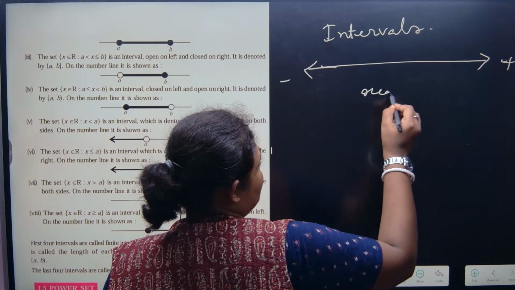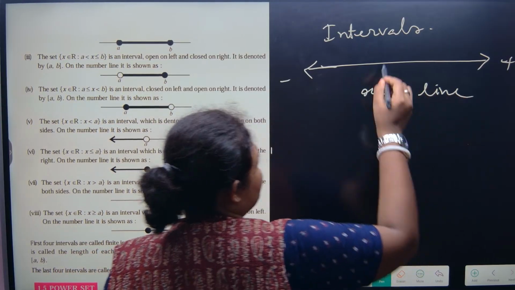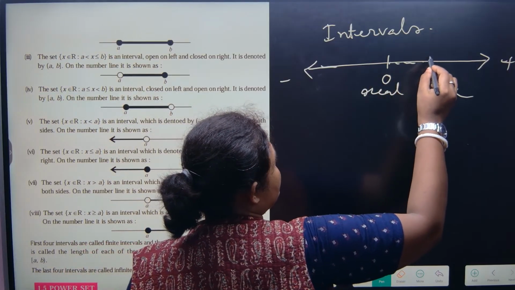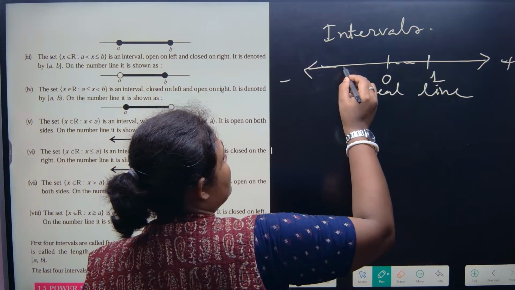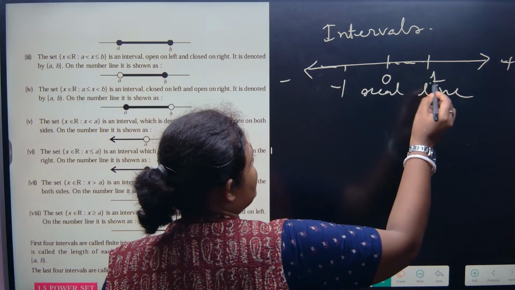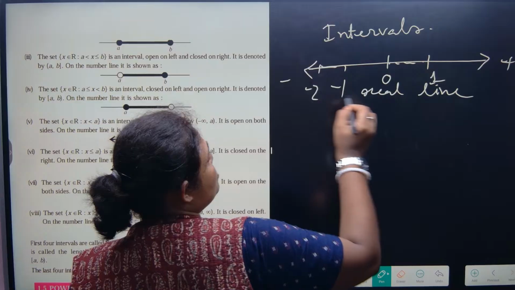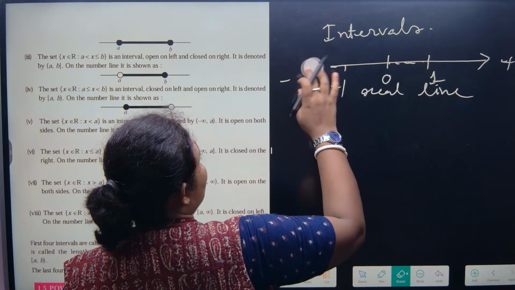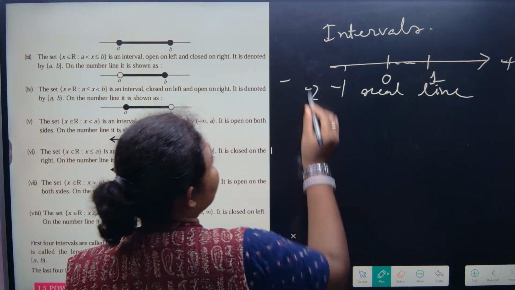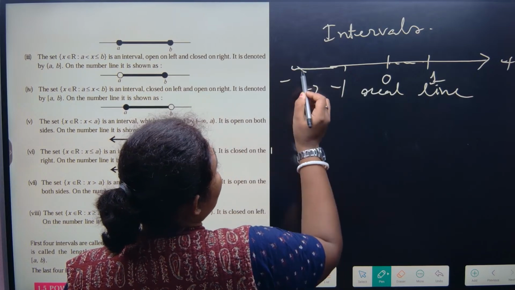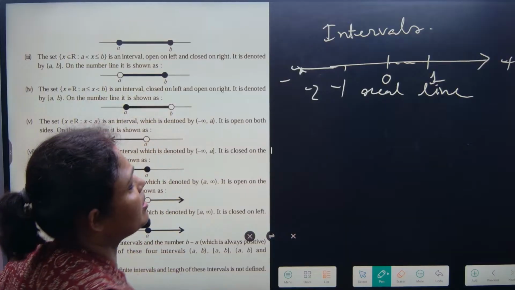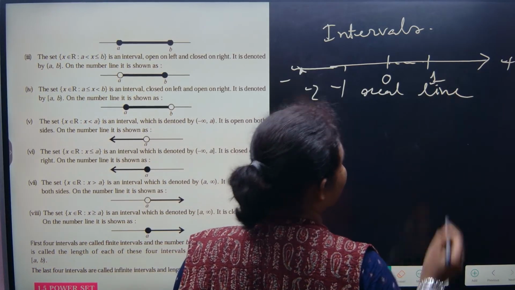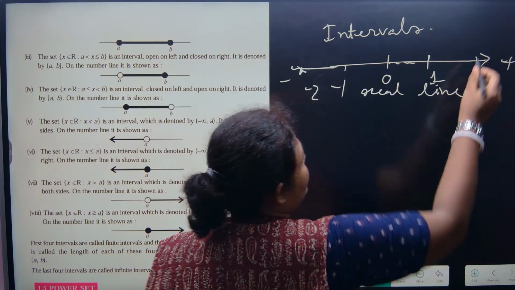In the middle we have 0. If we consider 1 here, -1 here, -2 at some distance, and 2 here, and so on.